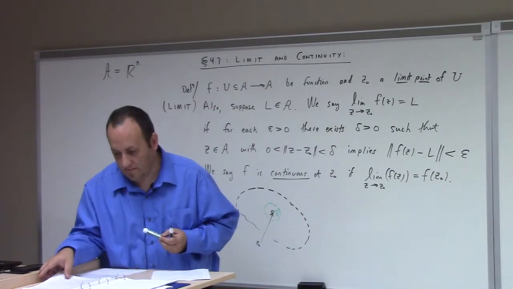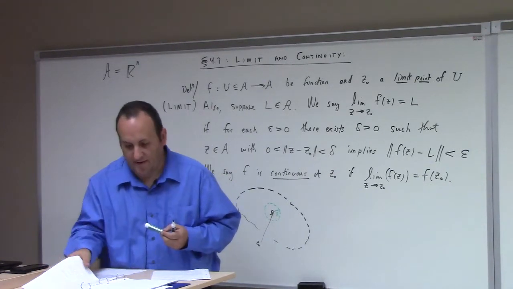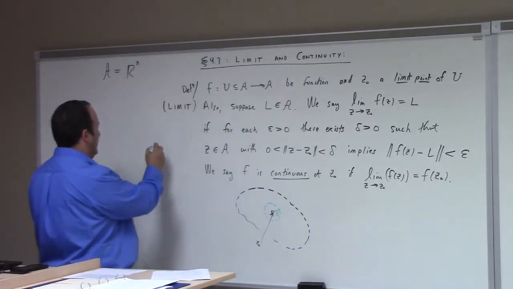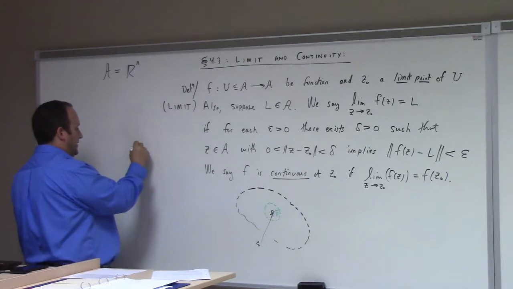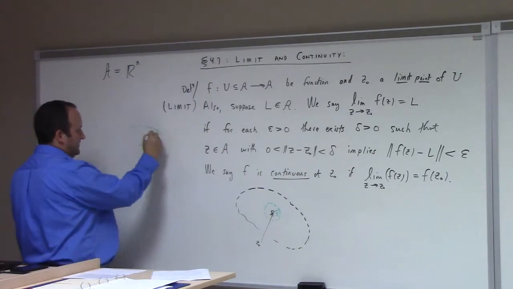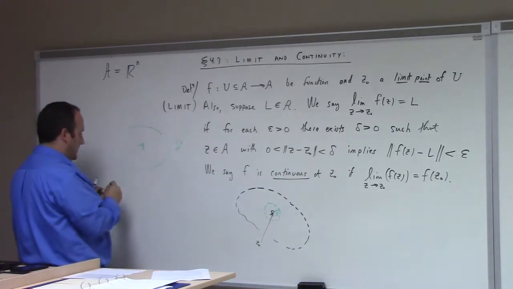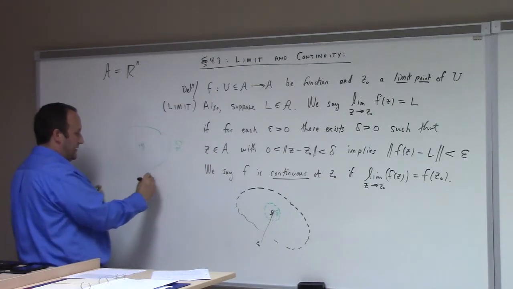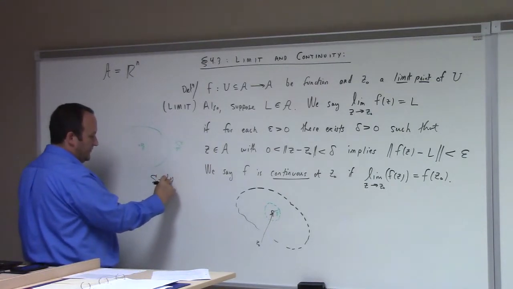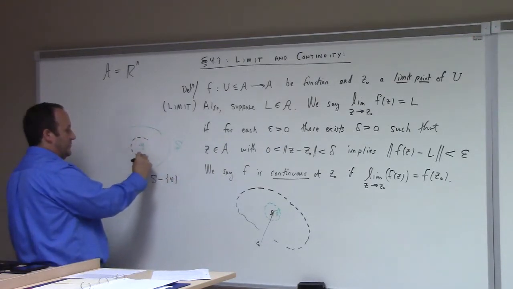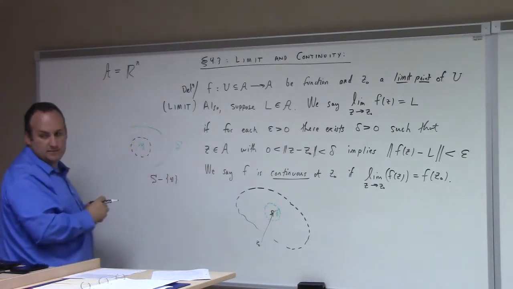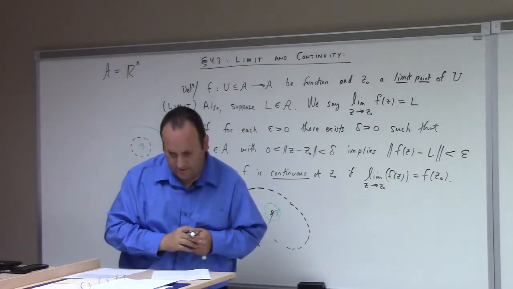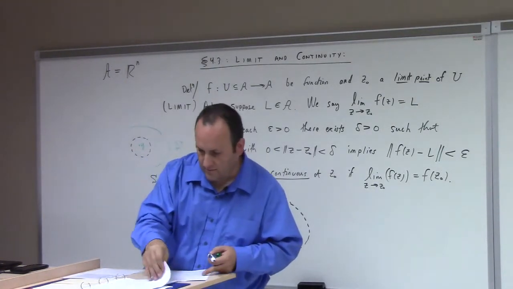So a limit point of S is a point such that, if I have y and this is S, then y is a limit point if you look at S with y removed, and any open set around y has points in S. Wait a minute.